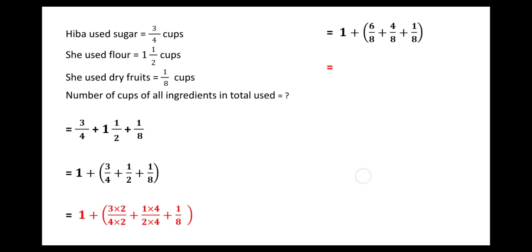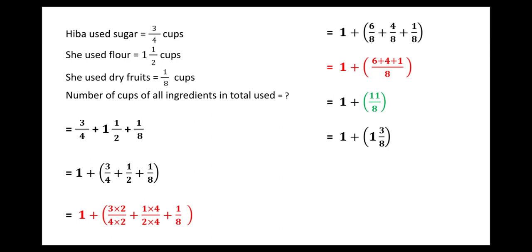Now you can check denominators are same, and now we add the numerators. 6 plus 4 plus 1, we get 11 by 8, and now you can check that the numerator is greater than the denominator. So here we divide 11 by 8. After the division, we get 1 whole 3 upon 8.